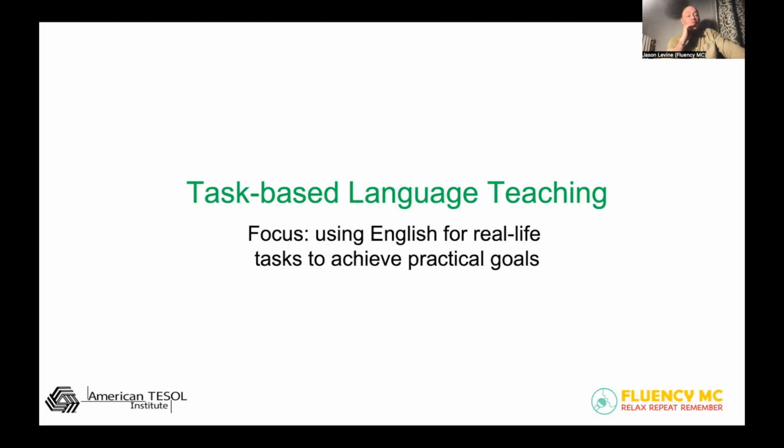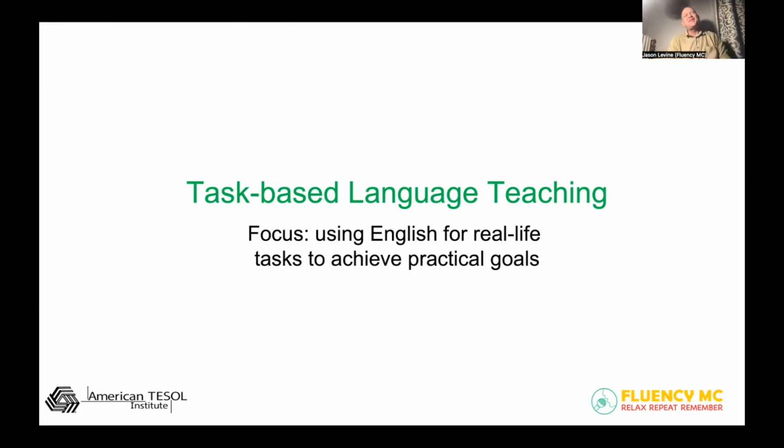Taking what was good, what still is good about communicative language teaching, what do students need to do with the language? What are the functions of English that they need to perform? How do they use it socially? How do they communicate with people? Holding on to that, but saying, hey, you know what?